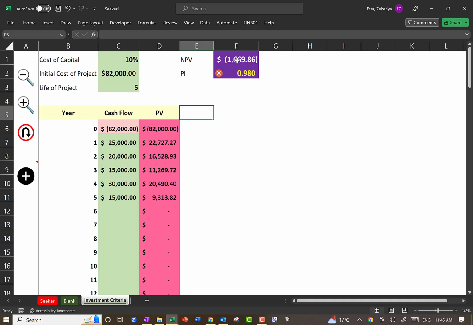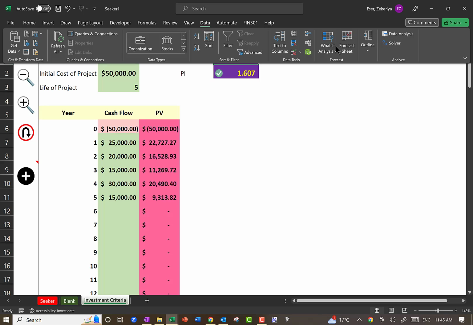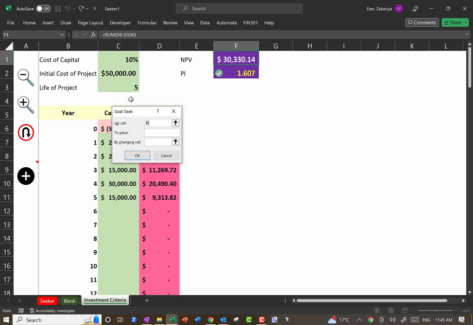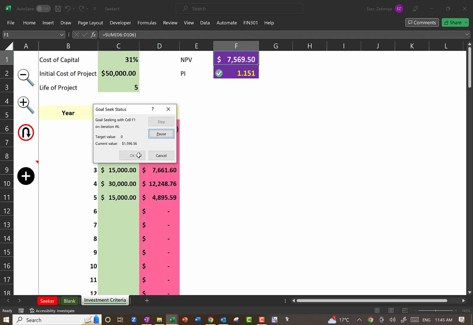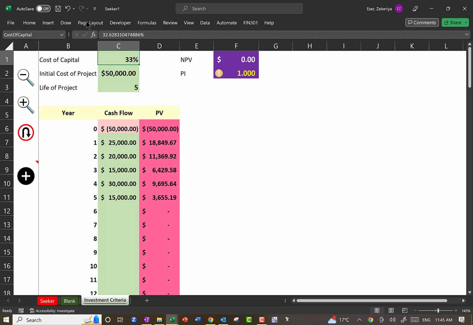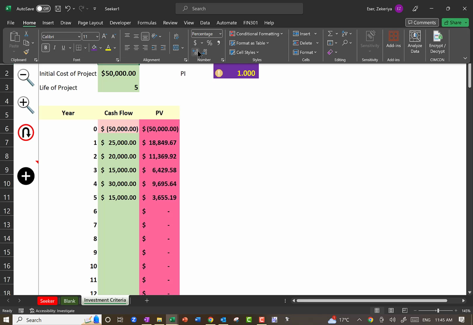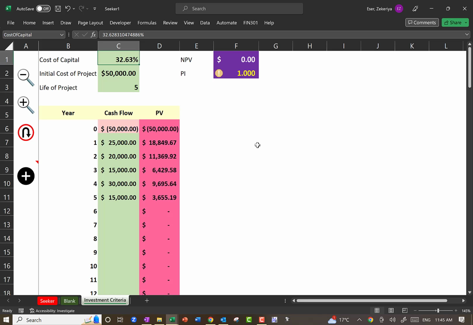For example, if I did the following, let's go back to the original data, what if analysis, goal seek, make NPV 0 by changing cost of capital. So if my cost of capital was 32.63, NPV would have been exactly 0. That's what we mean by IRR.